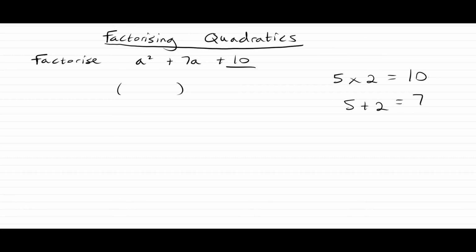So when you factorize this, you've got a, then you've got plus 5, plus 2. You're probably wondering, does it matter which way around? In this particular case, it doesn't, because they're both pluses. We could even write it as a plus 2 and a plus 5, and you'll still get the answer. Both of these are correct.